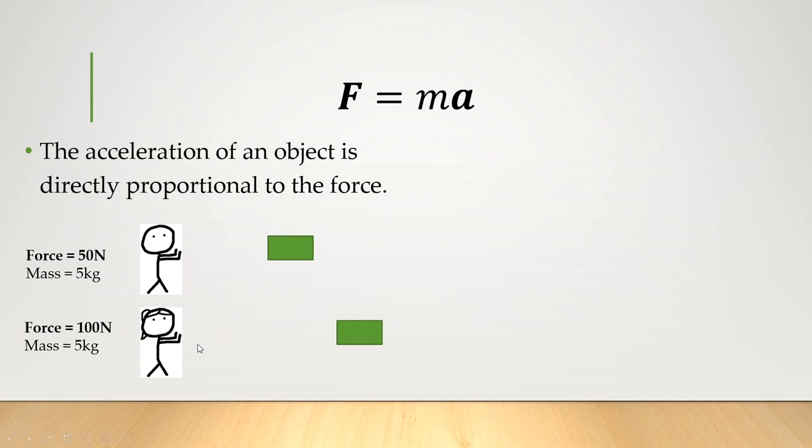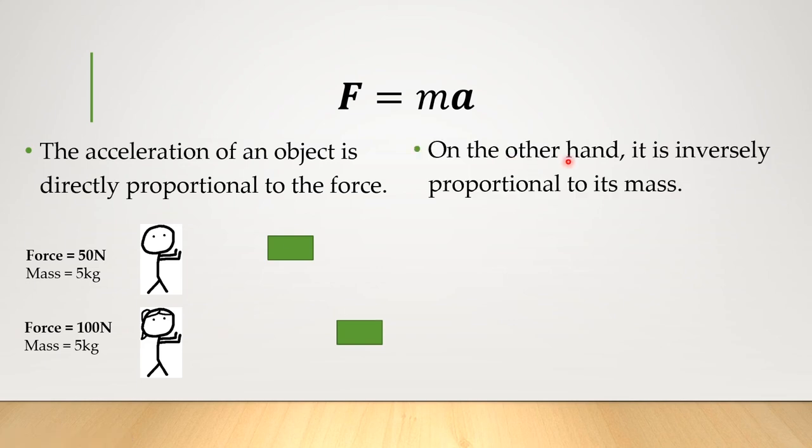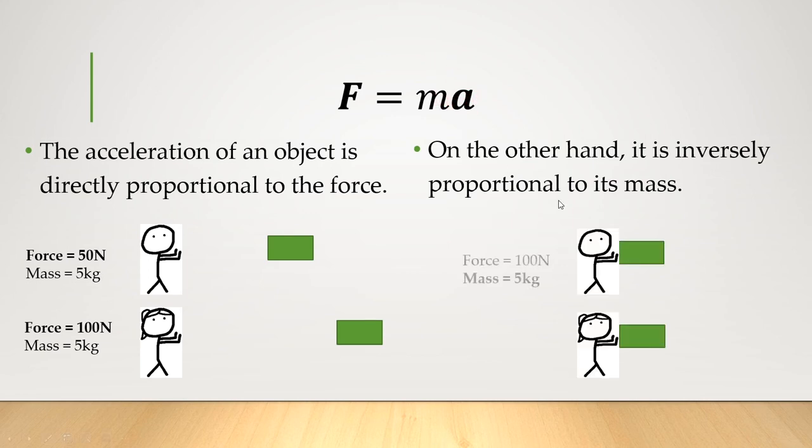On the other hand, acceleration is inversely proportional to its mass. The more mass, the less acceleration. For example, the same two people. So, etong guy, hindi siya magpapatalo. Sabi niya, oh, I'm gonna push it with 100 newtons na rin.